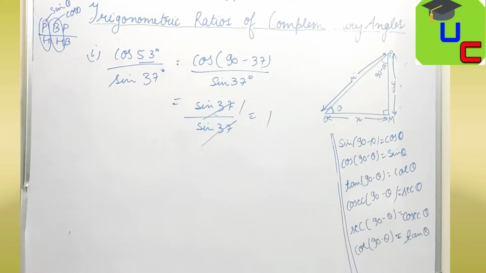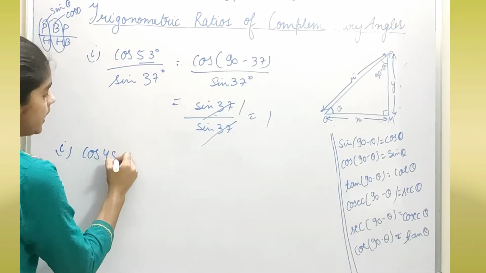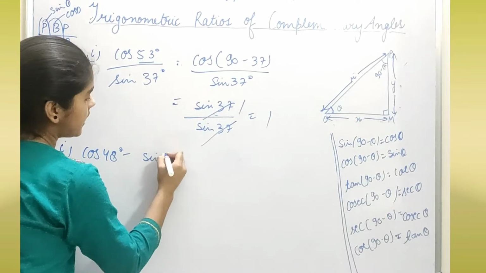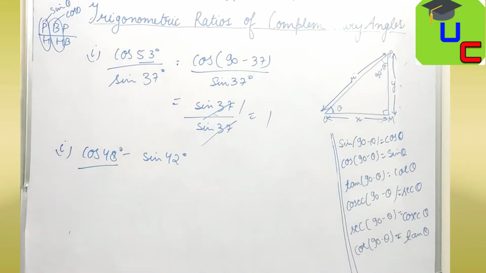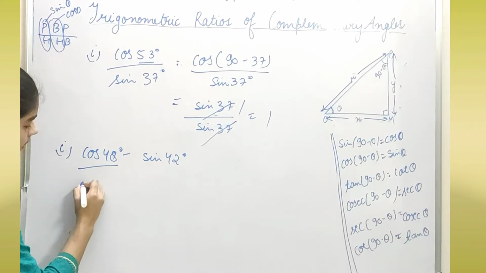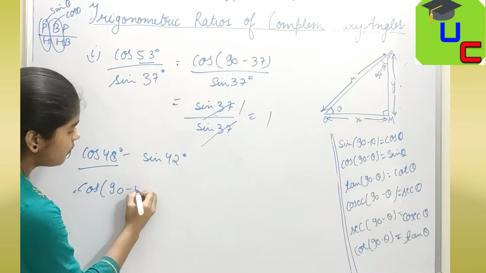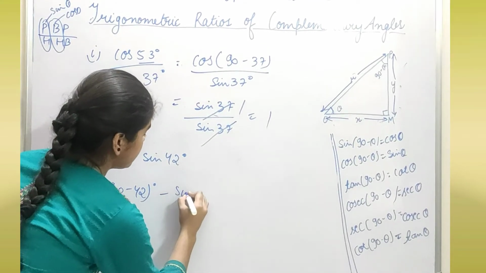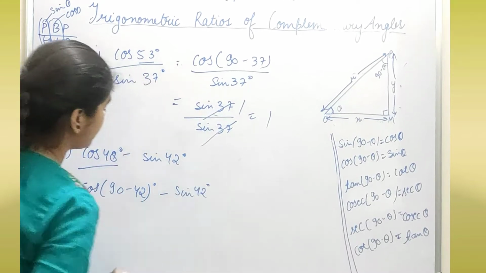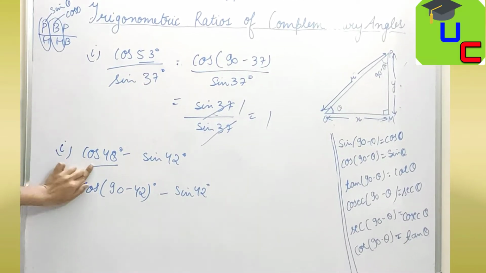Cos 48 degree minus sin 42 degree. You need to solve this question. You can write cos 48 degree as cos 90 minus 42 degree, and minus sin 42 degree. Is there any problem? I don't think there would be any problem.